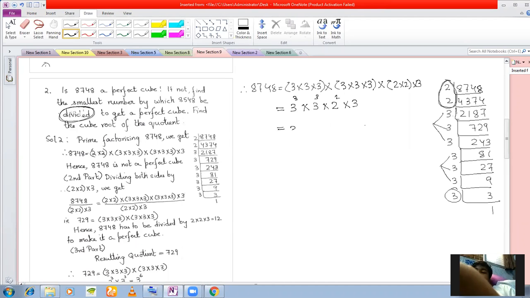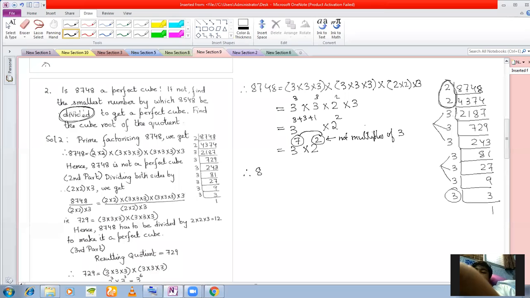Now you can add up the powers of 3: 3 plus 3 plus 1, into 2 square, so you can write this as 3 to the power of 7 into 2 square. What you see here is that both of these powers are not multiples of 3.